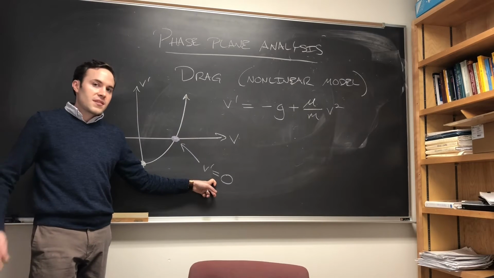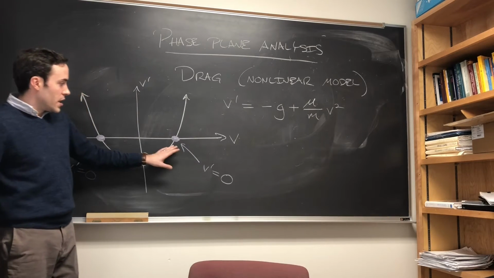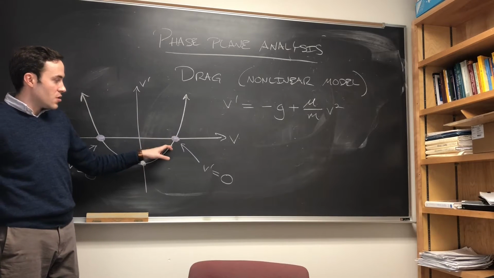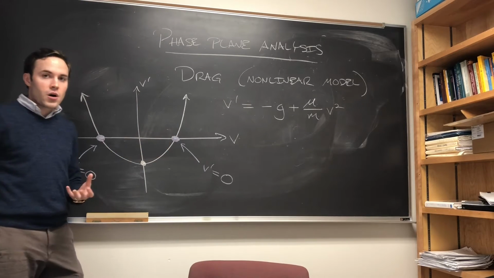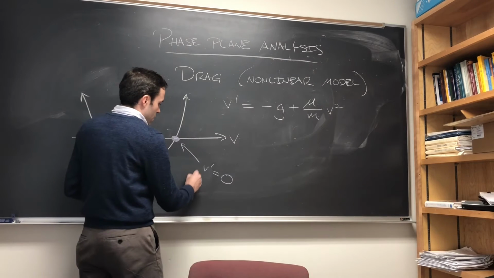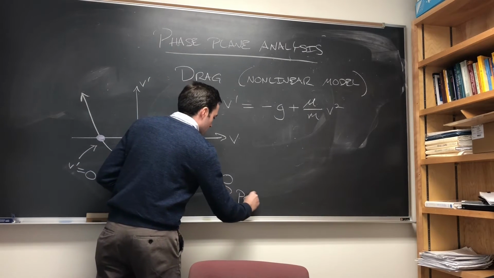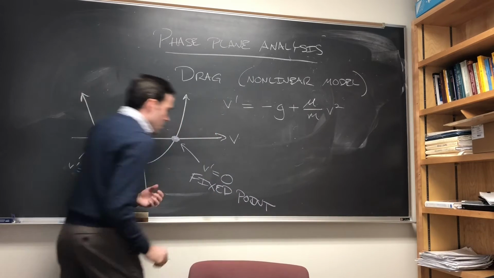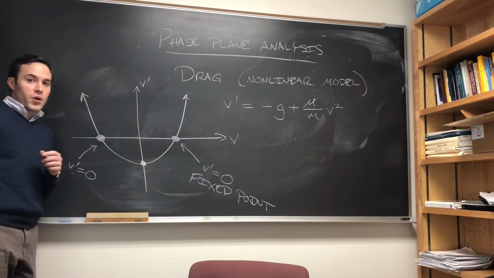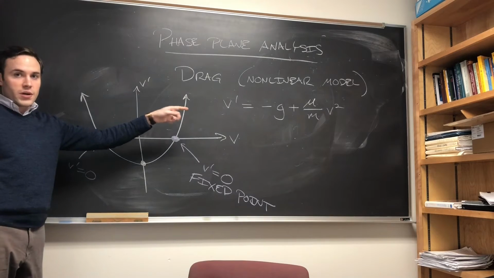Your velocity is going to be the same forever. And so when you have a point like this in your phase plane, this is usually what you would call a fixed point or a stationary point. Both of these are fixed points for this differential equation.